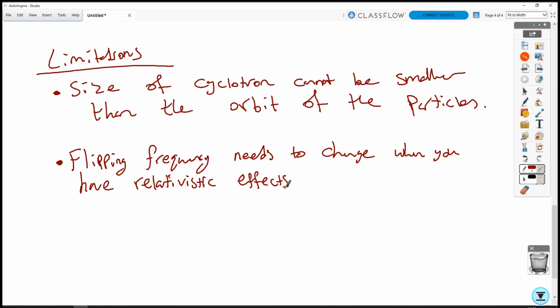You get relativistic effects when you approach the speed of light. So if you're moving relatively slow compared to the speed of light, relativistic effects are negligible. They're so small they don't do anything. But when you get closer and closer to the speed of light, so if you're like 0.8 of the speed of light, 0.9 of the speed of light, very quickly relativistic effects become important.